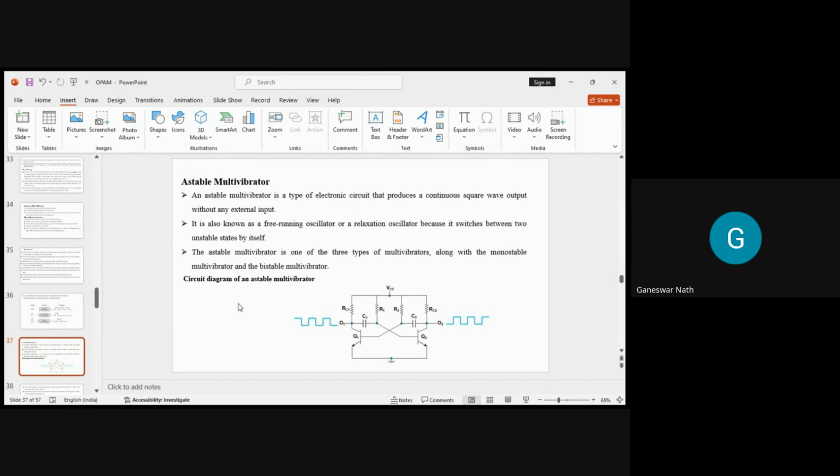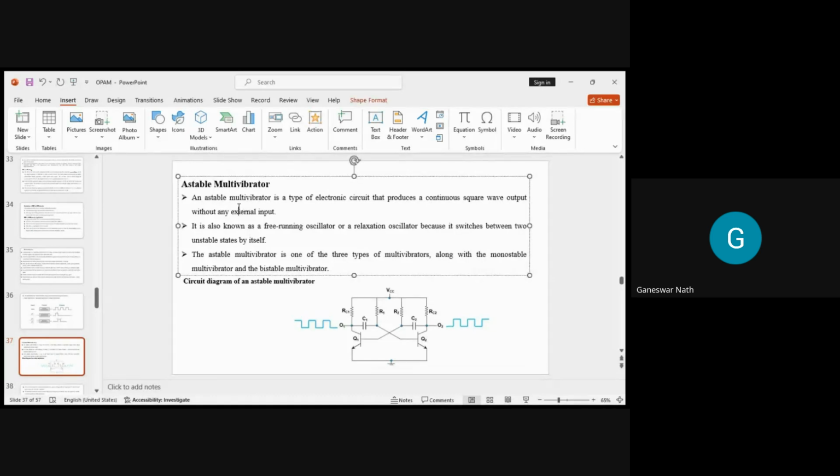The astable multivibrator is one of the three types of multivibrator along with the monostable and bistable multivibrators. That is why it is termed a relaxation oscillator, which exchanges energy between the active and the passive components.